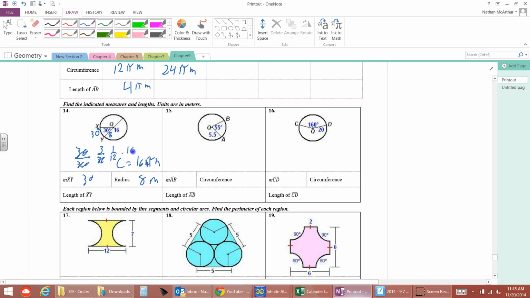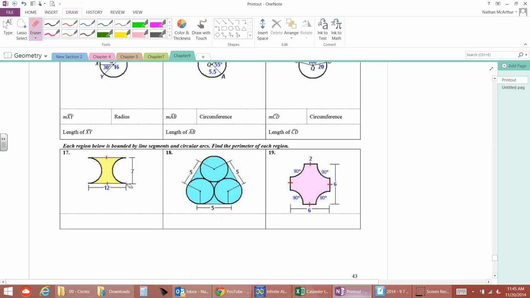Times that by 16 gives me 16 over 12 pi meters. Reduce this down to be 4 over 3 pi meters. So that's twice. You've seen me do it 2 different ways. So either one of those 2 directions will work. Entirely up to you how you do it.